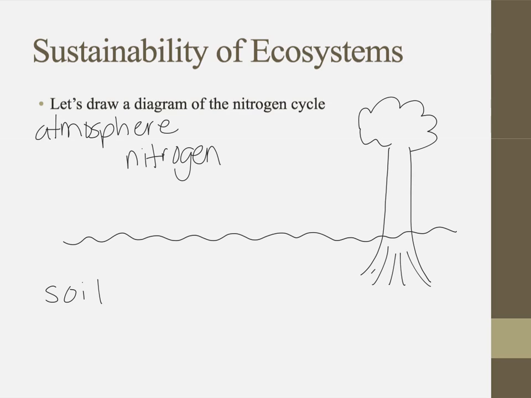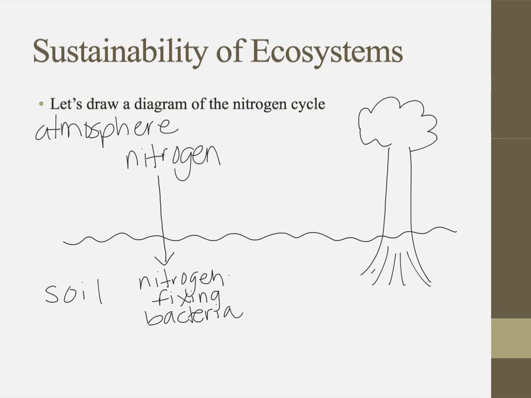Unfortunately for plants, the nitrogen that's in the atmosphere isn't in the correct form. So how does nitrogen get converted into the correct form for plants? Well, that happens in the soil. Nitrogen is absorbed into the soil and is fixed by what we call nitrogen fixing bacteria.